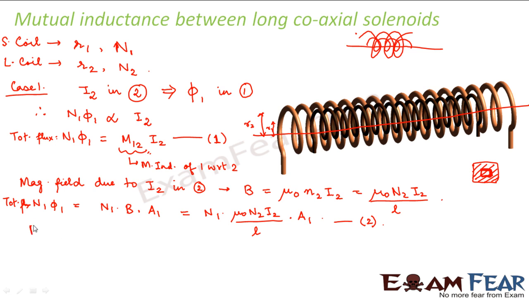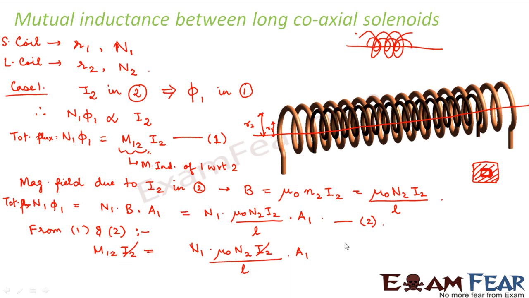Now if I compare equation 1 and equation 2, we can equate the right hand sides. So we can say that M12 I2 is equal to N1 into mu naught N2 I2 divided by L into A1.